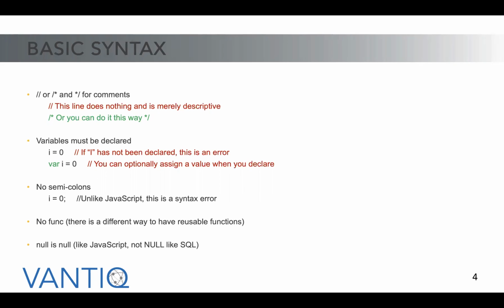You just say var, put the name of the variable, and that's it. We don't use semicolons. In Veil every line is the command itself, and there are no functions, but you can create procedures to call other procedures.